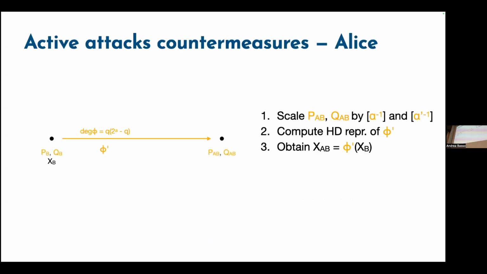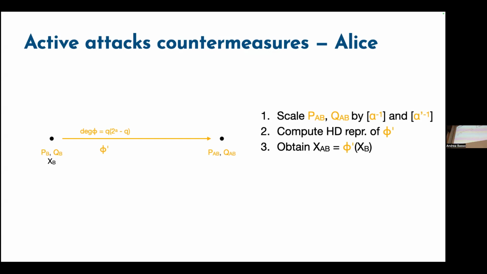First of all, we can focus on the higher dimensional representation that Alice did. Basically, they receive these two points PB and QB, this image here. And the way they compute this phi prime is that they simply scale by these two values and compute a higher dimensional representation.